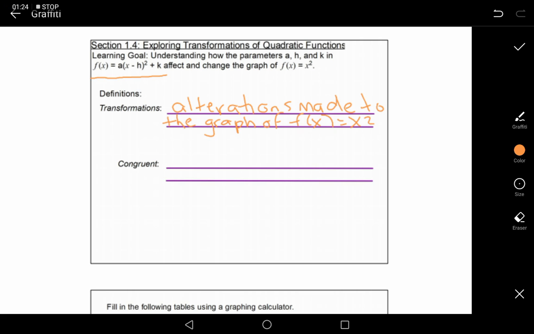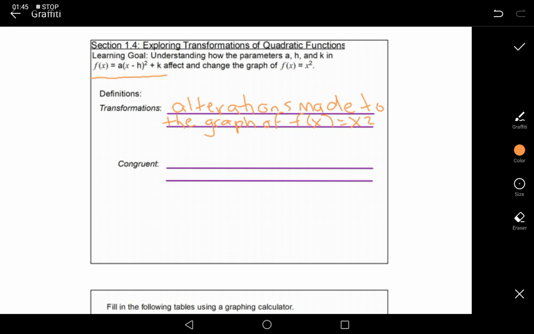And then you can see in that formula that I underlined, all we've done is we've added a, h, and k to that original function of x², and those parameters are going to obviously make alterations to the graph, or transformations.